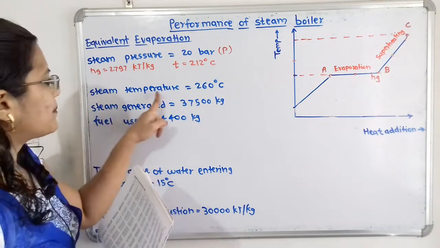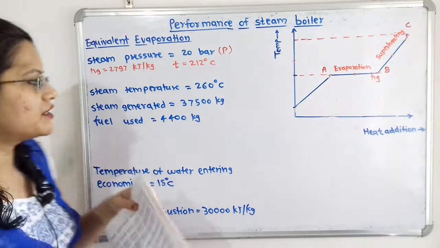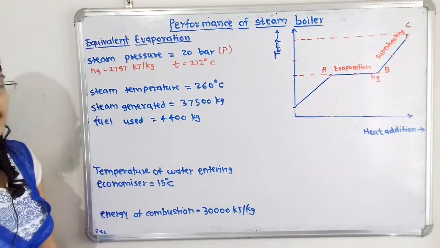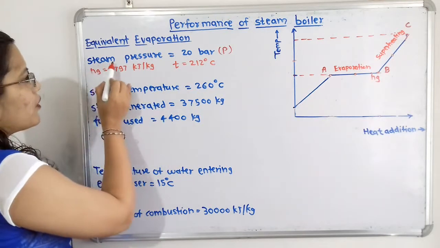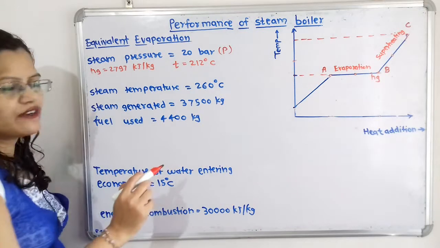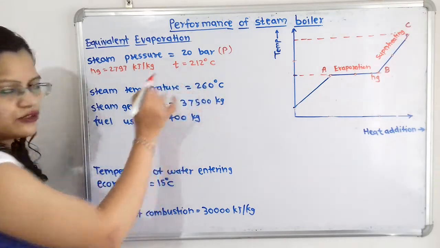Now steam temperature is given. So here in the boiler, when we measure the steam temperature, then it is 260 degrees Celsius. Now if we compare what is the saturated temperature at 20 bar, it is 212. But actual steam temperature is more than the saturated temperature.